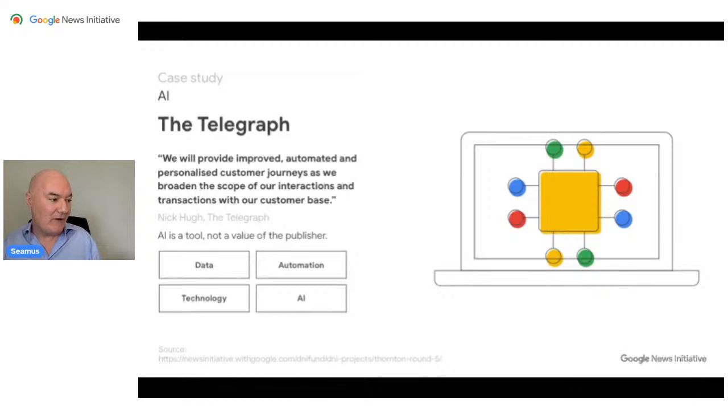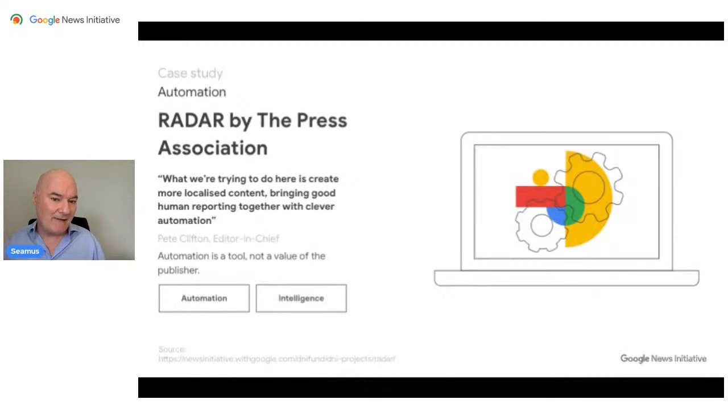Nick Hugh there at the Telegraph. So we can see that AI is a tool. It's not a value of the publisher. Bringing this in under the umbrella of data, technology, automation, AI. So just an example there, just to get your thought processes going on that, just making sure that we see this difference, not just jumping on the latest trend and hoping for the best.